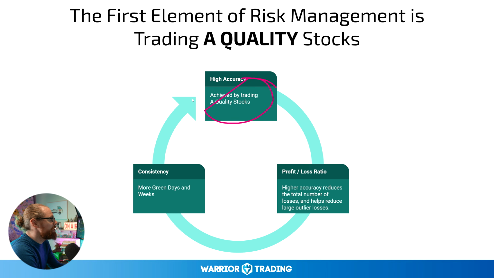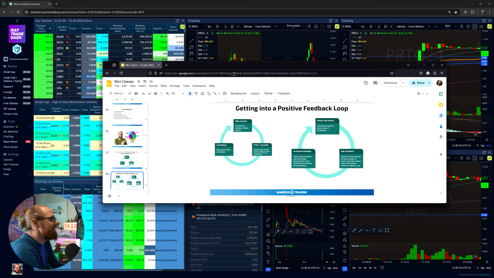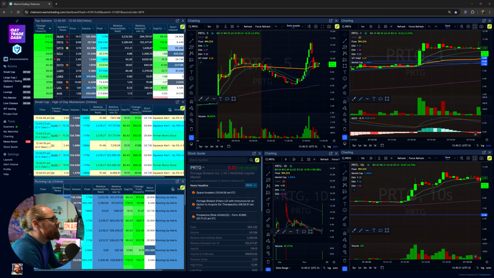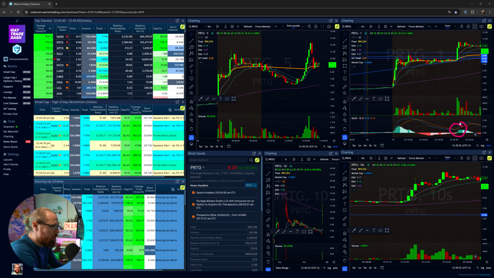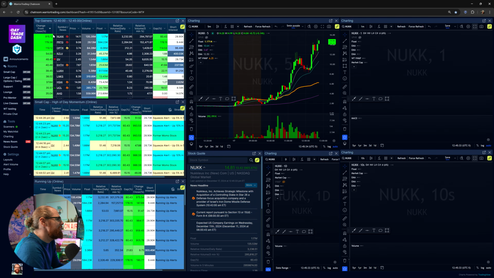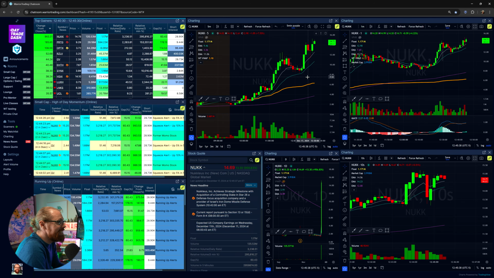So when we look at the stocks from today that were giving big moves, and you look at these entries and the setups, it's important that you recognize that these were the right type of stocks to trade. This didn't work just because the MACD crossed over. The MACD crossover signaled a buy because this was already a stock people were so excited about. NUKK right now is up 900%. 900%, this is insane.